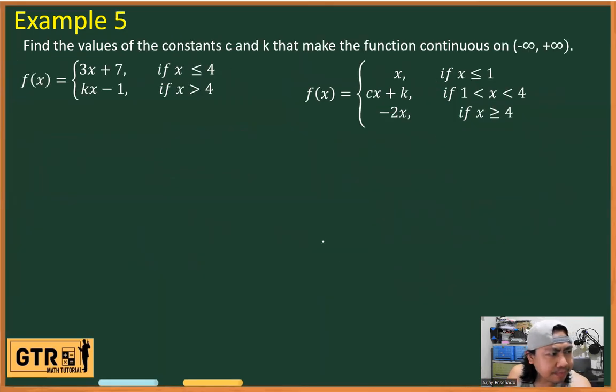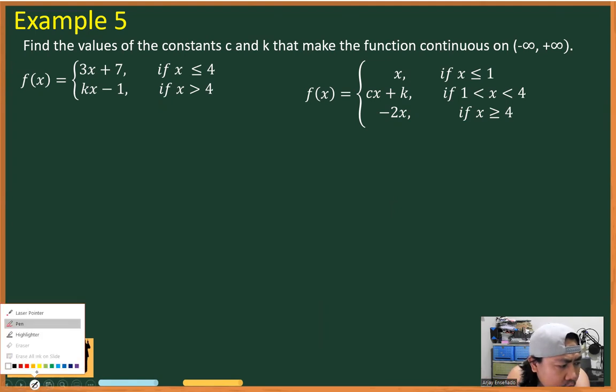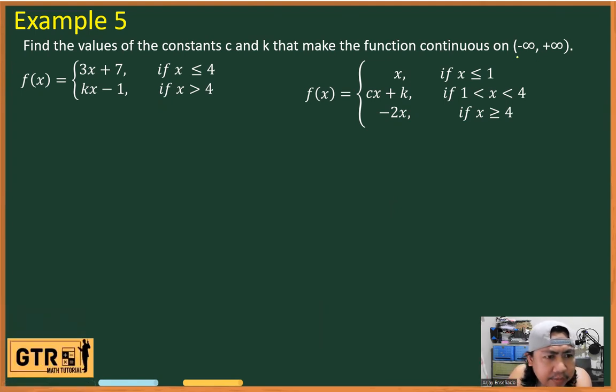Last example. Find the values of the constants c and k that make the function continuous from negative infinity to positive infinity.